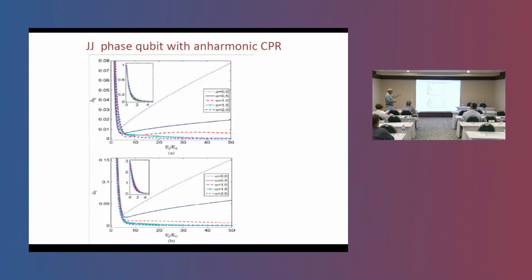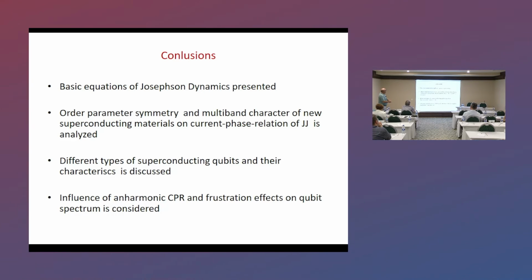But these are generally our calculations, and last year's calculations I showed a few minutes ago. Here changing of delta 0, delta 1, first band and second band, using Mathieu equations with anharmonic current phase relation.